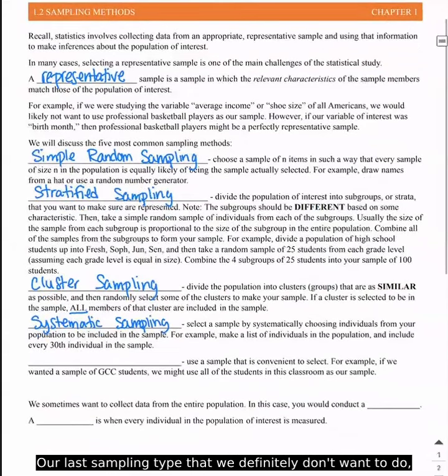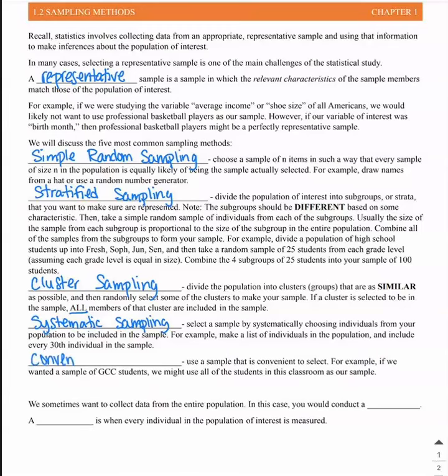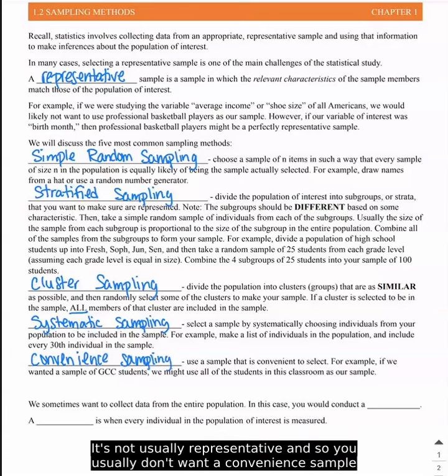Our next type, which we definitely don't want to use but tends to happen a lot, is what we call a convenience sample. This is where you use a sample that is convenient to select. It's not usually representative, and so we usually don't want a convenience sample.